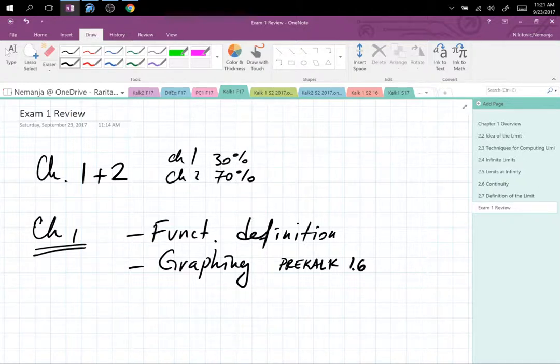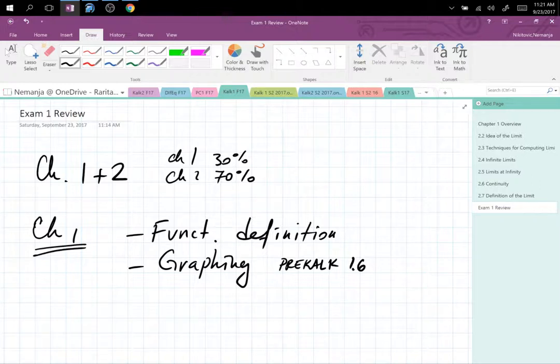You can sit there and take a look at 1.6 in the pre-calculus textbook. They will allow you to have it for about 2 hours and so on. And then you can take the book and just read, and then you can review and so on. So that's that.